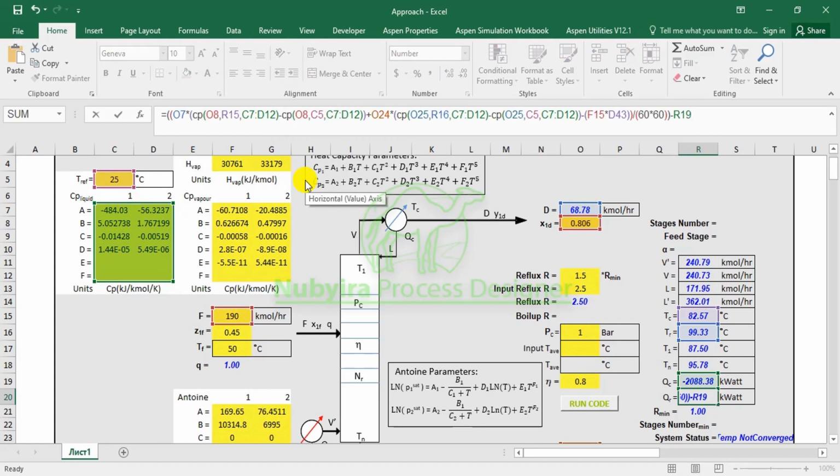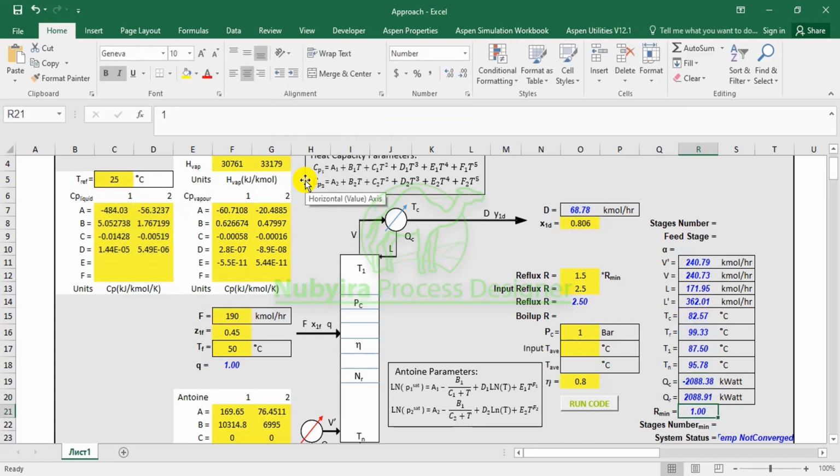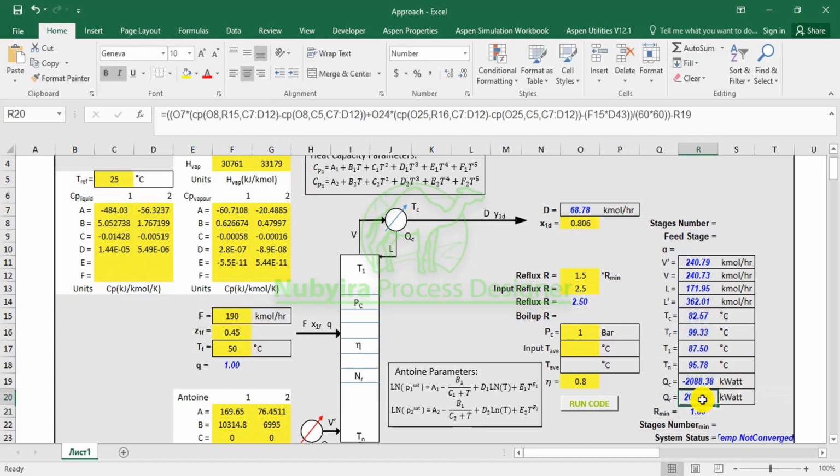So this is the equation over here. We have this for enthalpy of heat required for reboiling.